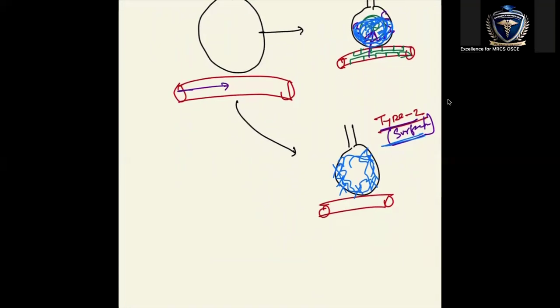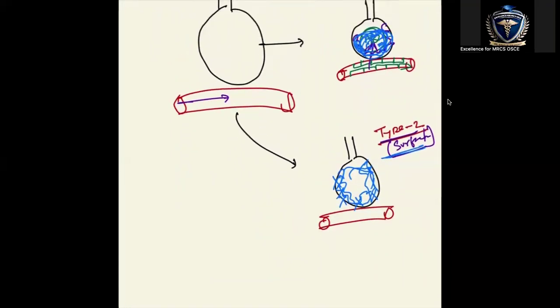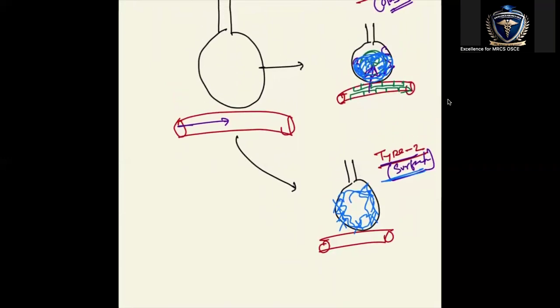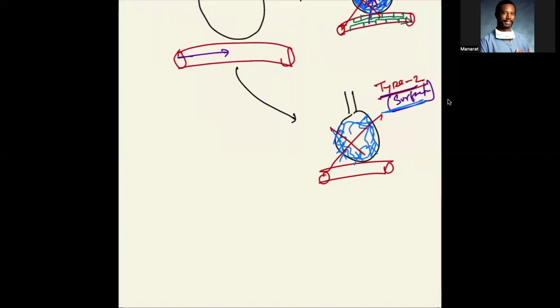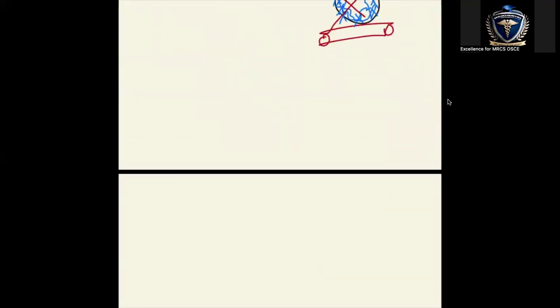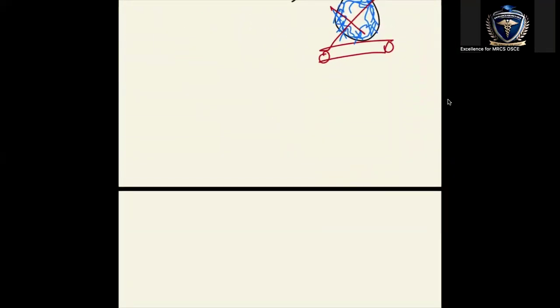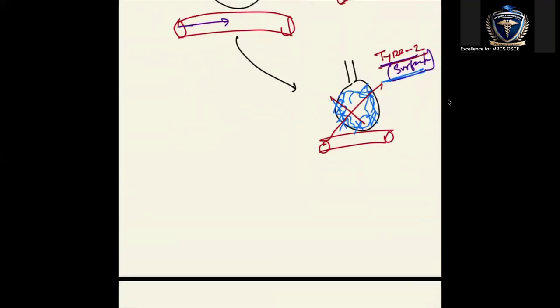Exactly. So there will be some collapse. All of you can know there will be no gaseous exchange, and there will be some collapse of the lungs. So what is the role? Just have a look.